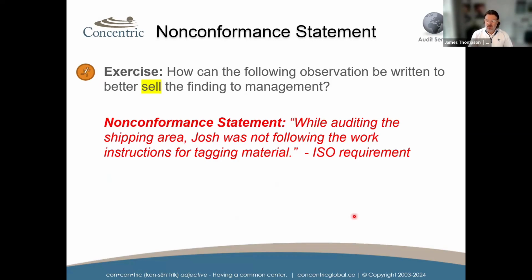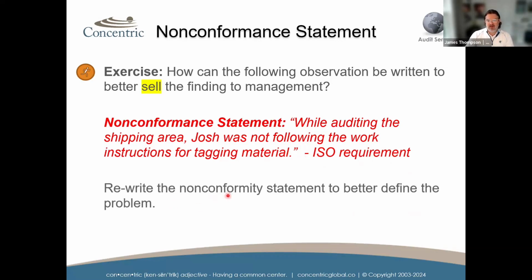So, take 5-10 minutes, focus on a clear statement of nonconformance, presenting a connection to the customer PPM for mixed parts, the impact on key performance indicators or process performance indicators, and connecting to specific internal procedures and a specific clause, not just ISO requirement. You want to rewrite that nonconformity statement to better define the problem.